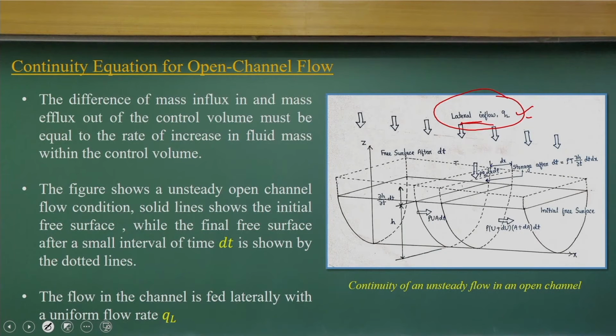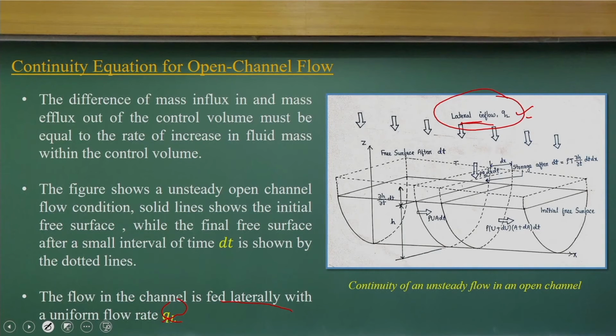So there is QL, an amount of lateral flow, fed laterally at a uniform rate. This is a quite simplified assumption that QL doesn't vary with time, but we can do it. Let us consider that within this control volume the Q is more or less uniform.